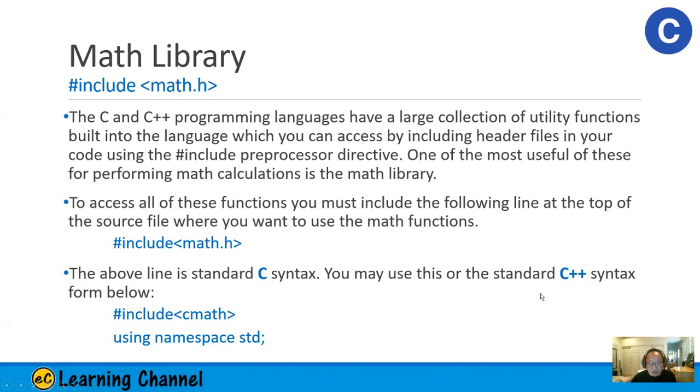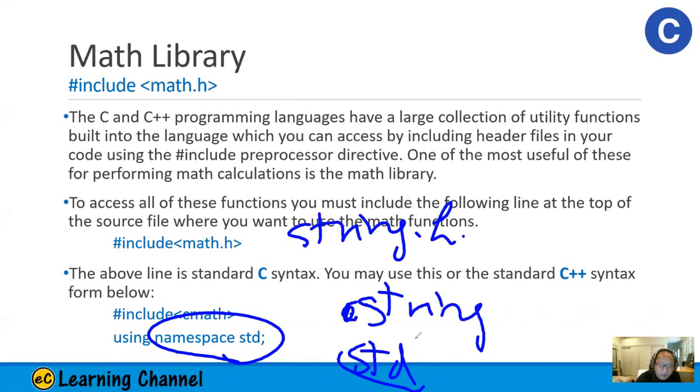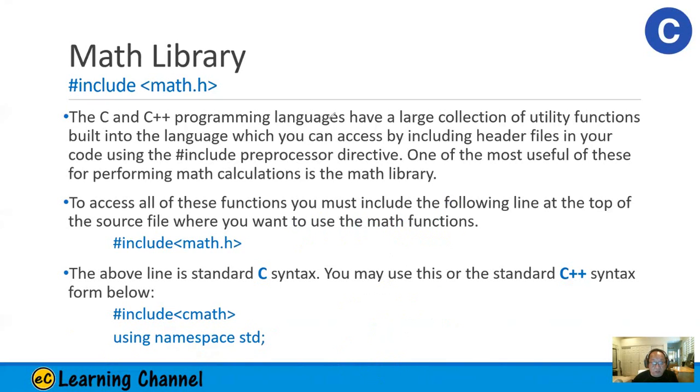If you want to use those libraries in C++, you need to include them, but you still need to use the standard namespace. Remember, when you include string in C++, you still need to do using namespace std, otherwise you cannot use it. That's how it is in C++.